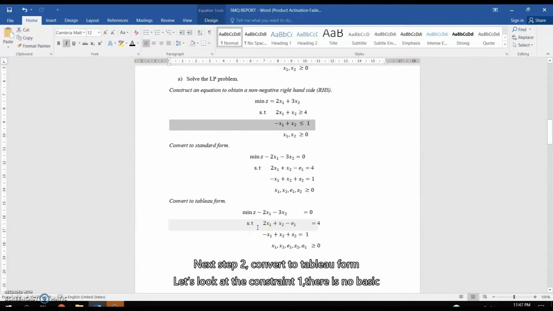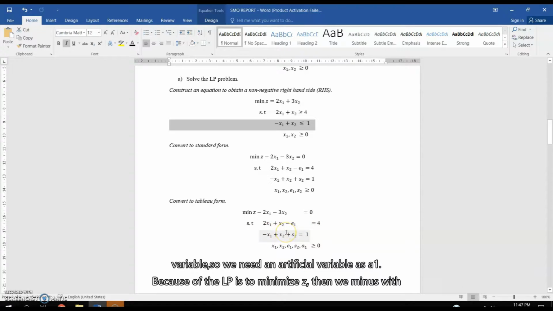Next, step 2. Convert to W form. Let's look at constraint 1. There is no basic variable, so we need to add an artificial variable as A1.